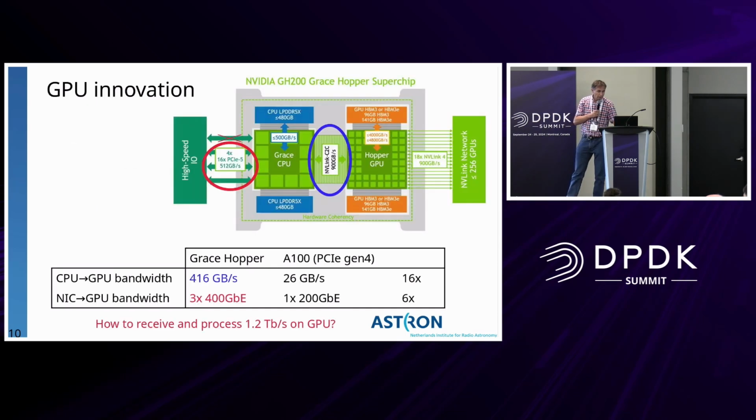And the reason for that is this NVLink bus, which does not claim all the CPU memory bandwidth, but it claims so much that there's insufficient memory bandwidth left for the Ethernet packets to arrive in CPU memory.